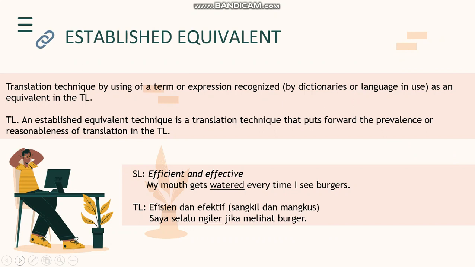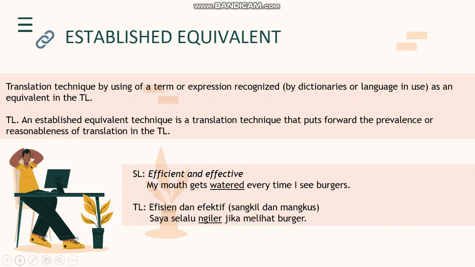Next, established equivalent. The established equivalent technique is a translation technique that puts forward the prevalence or reasonableness of the translation in the target language, using a term or expression recognized by dictionaries as an equivalent in the target language. Let's see the example. In the source language, efficient and effective, while in the target language, efisien dan efektif, or the other meaning, sangkil dan mangkus.